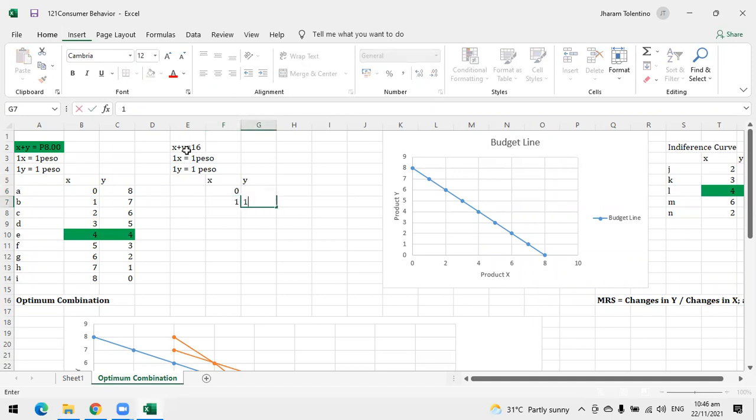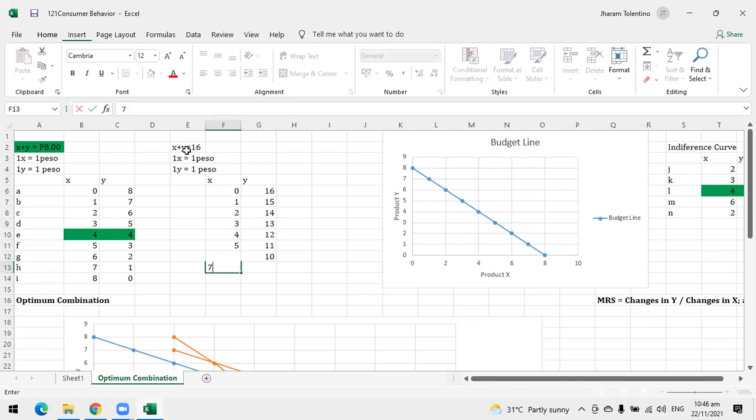Pag piso ito, 15. 2, 14. And so on. 3 is equal to 13. 4, 12. 5, 11. 6, 10.